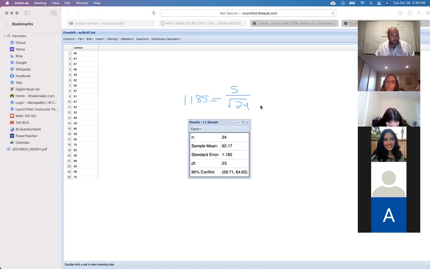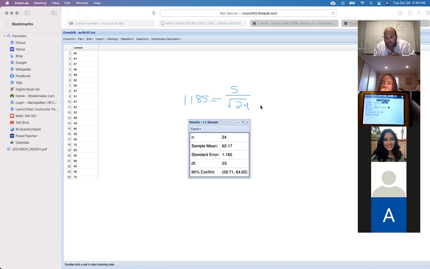Why am I getting the same answer? Show me again. Show me what you're writing. For S, it should be 1.185 times the square root of 24. I have this. Okay, now move your cursor down one and show me.